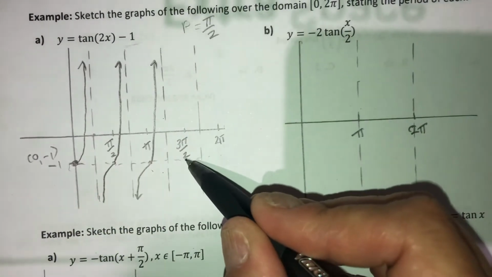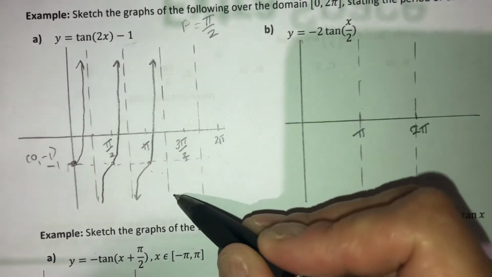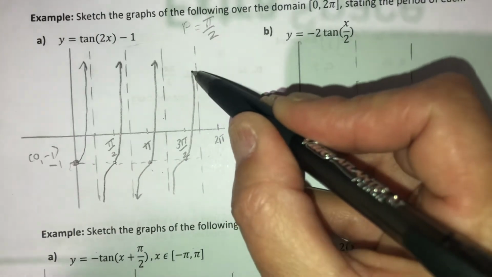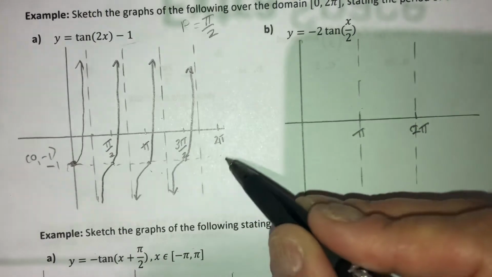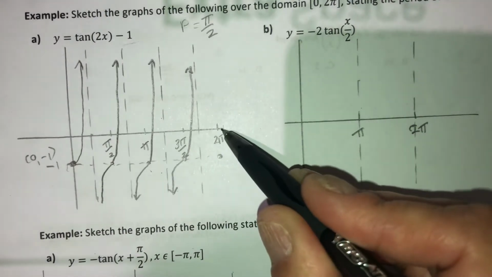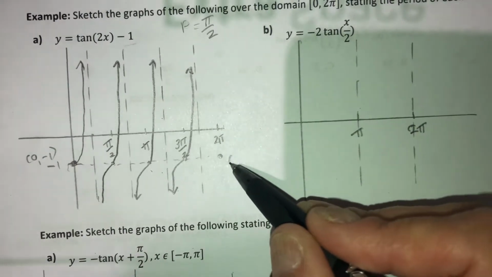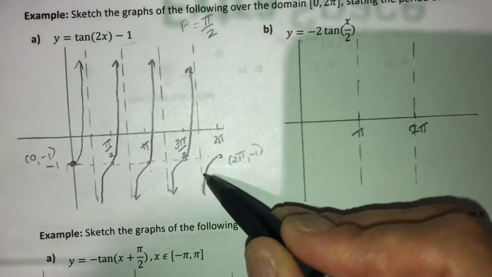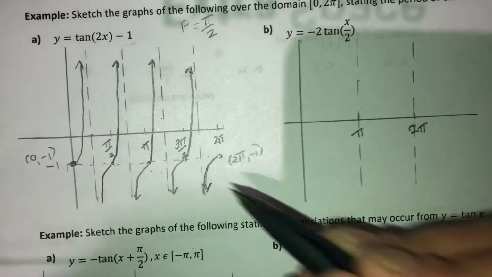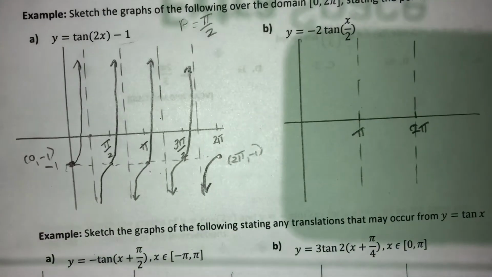Next, we're going to go through 3 pi on 2, -1. And because we need to stop at 2 pi, the last one is going to be 2 pi, -1. And we're just going to go up to that point. Okay, so that's how we draw the first one.